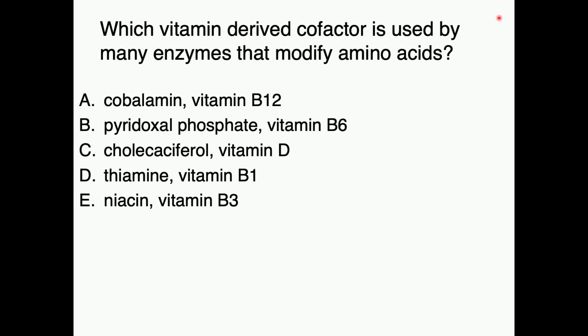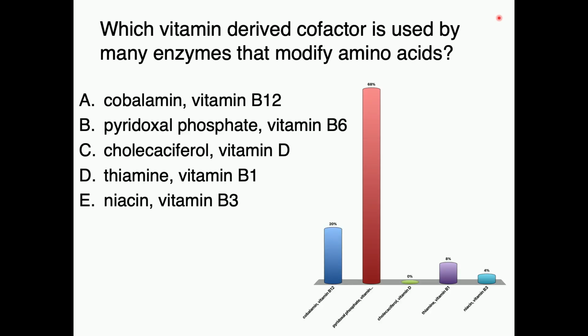Okay, now cobalamin, of course, is important for methionine metabolism, right? But pyridoxal phosphate is universally used by enzymes that do all sorts of diverse reactions using amino acids as substrates.